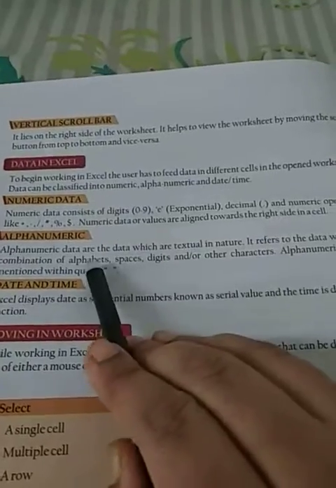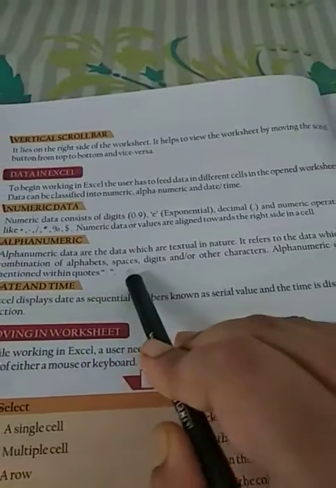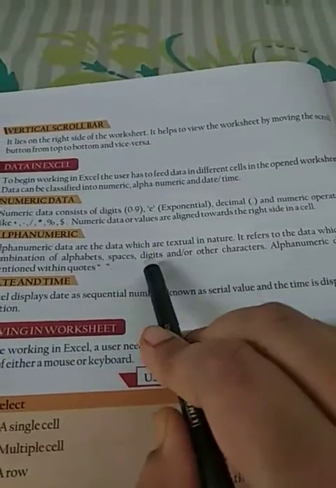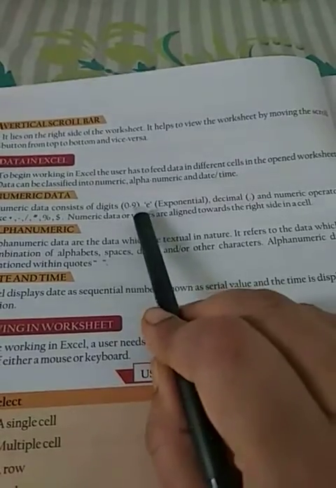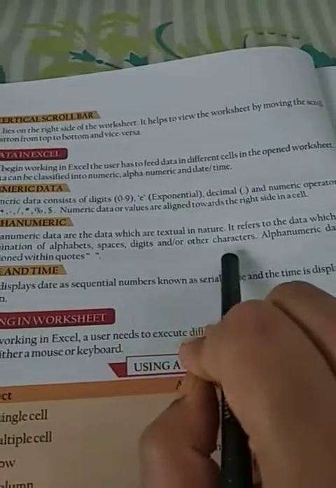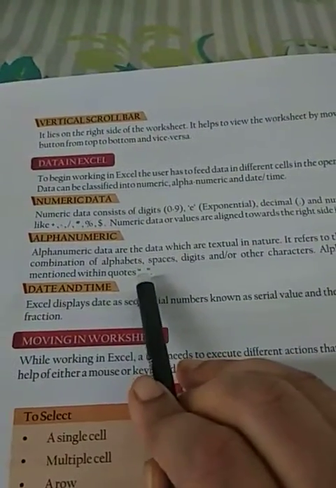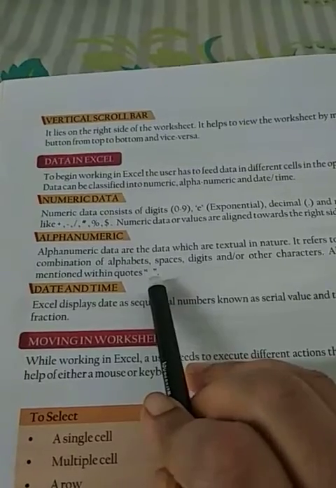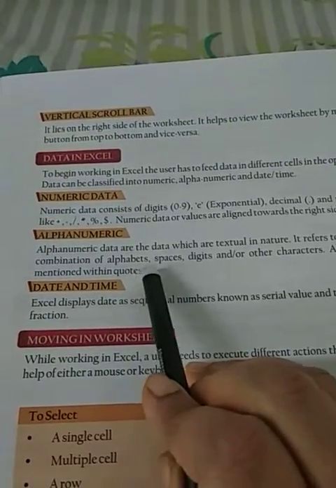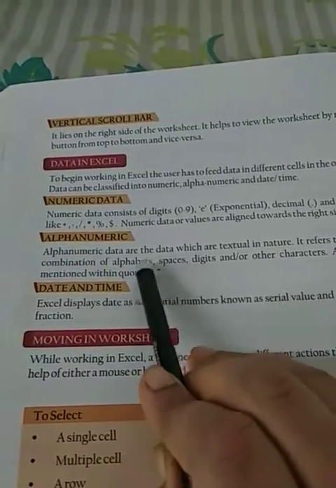Digits means 0 to 9, and some other characters. Alphanumeric data is mentioned within codes. One important thing you have to notice is that the alphanumeric data will be inside the codes.